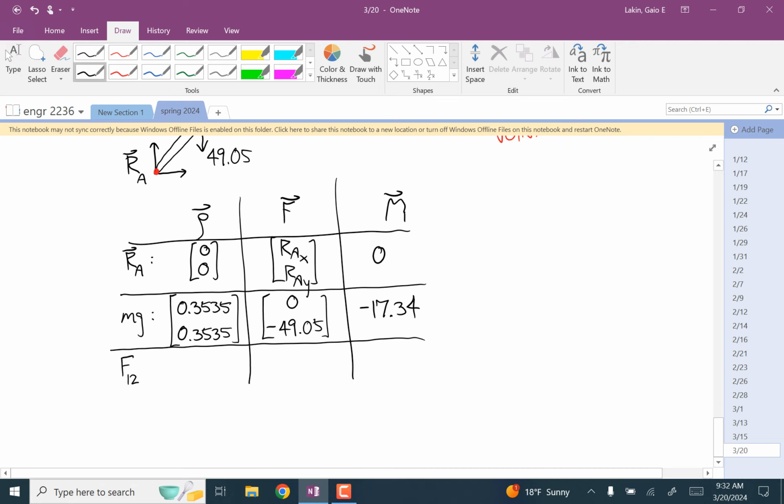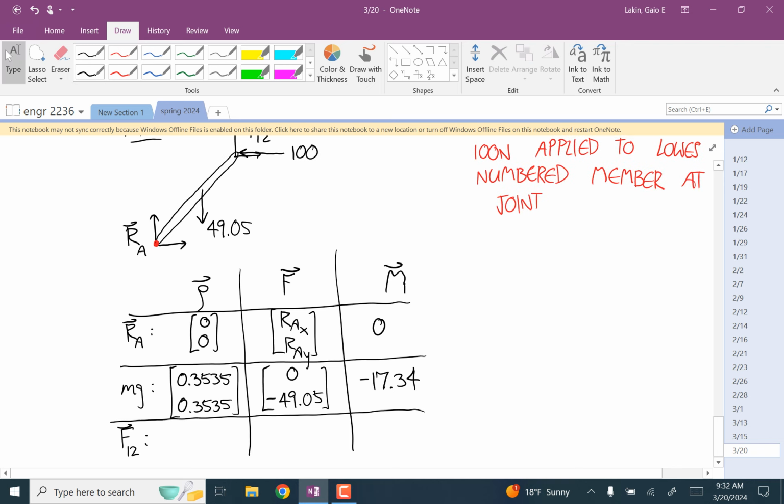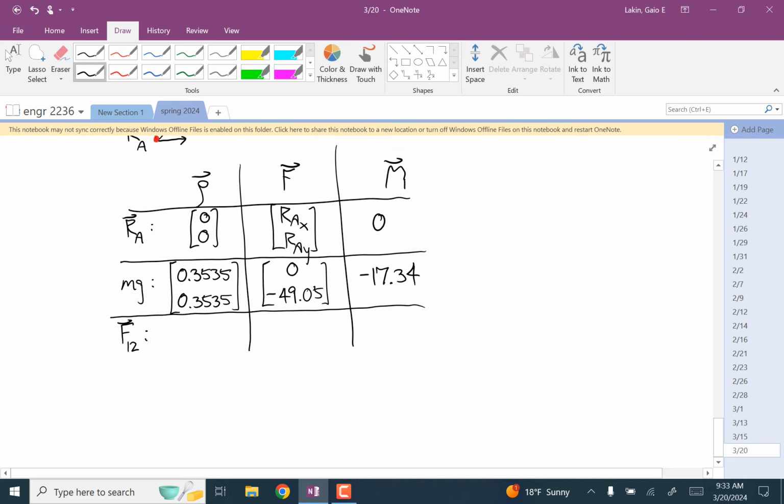Then force F12. That's 1 times cosine and sine of 45 degrees, the rho vector. So that's 0.7071, 0.7071. The force vector is F12x, F12y. So the cross product is 0.7071 F12y minus 0.7071 F12x.